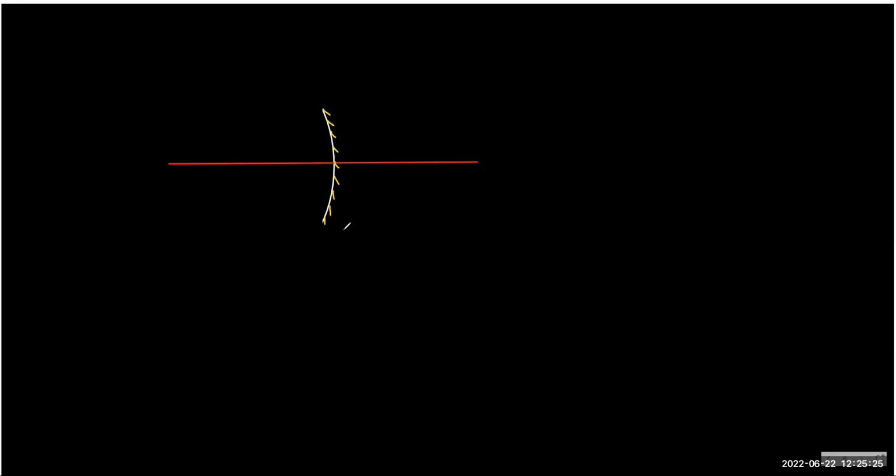How far is the sun? At infinity, but not exactly infinity. Even we know the distance. So the sun is at one astronomical distance away from the earth, right? So let's say this is the giant sun, and the bottom of the sun I'm taking at the principal axis and the top at some distance away. And this is the diameter of the sun. See how we find the dimension of heavenly bodies.